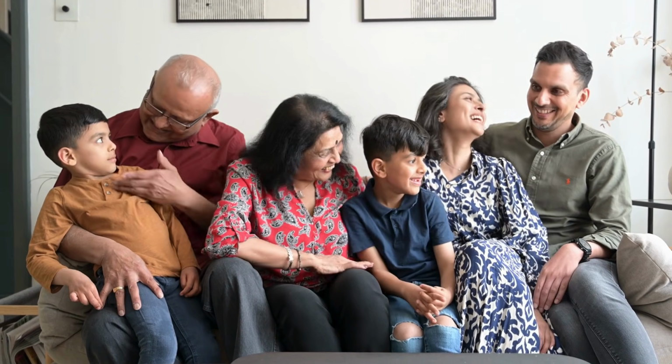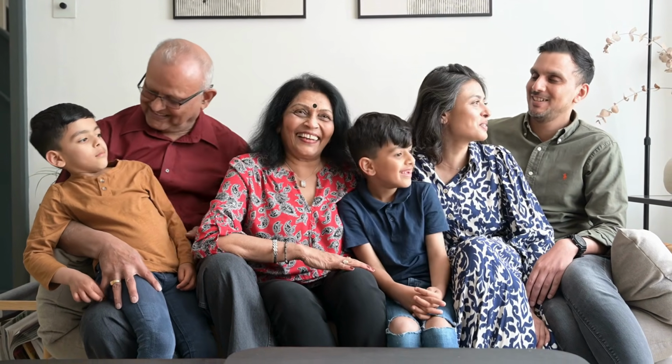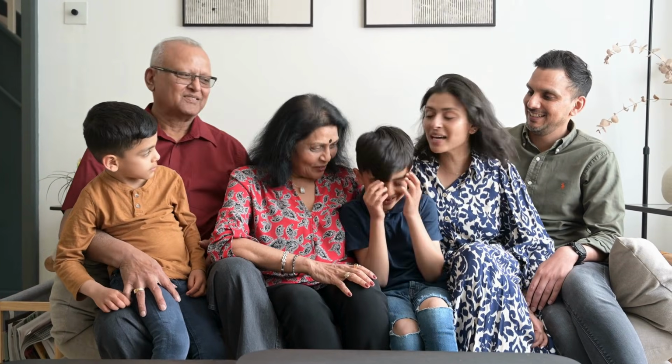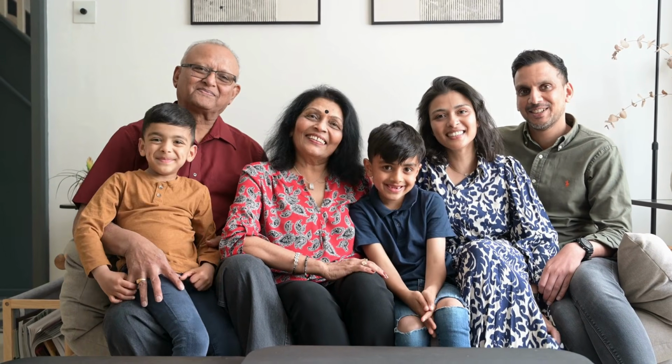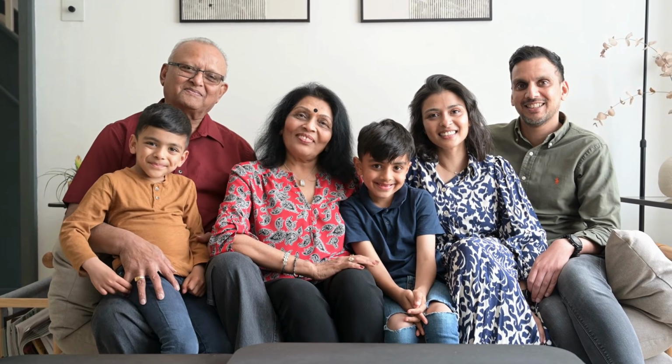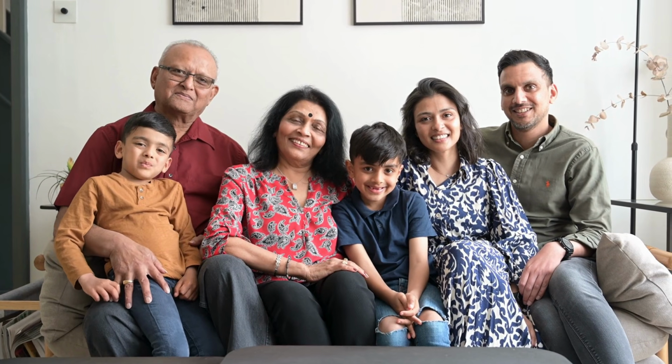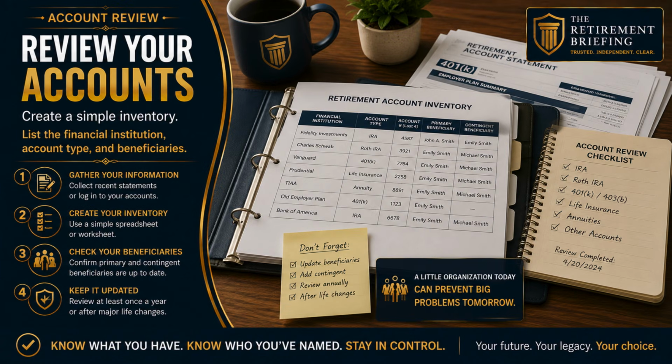Although these accounts are sometimes smaller than retirement accounts, they can still play an important role in an overall estate plan. Former employer retirement accounts are frequently overlooked. Many people change jobs several times during their careers. As a result, retirement savings may be spread across multiple accounts established over many years.